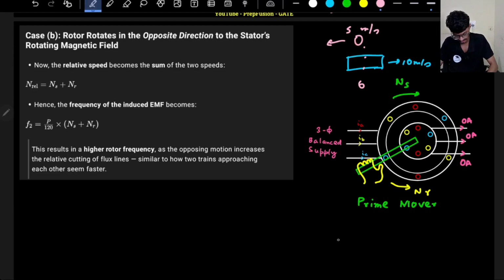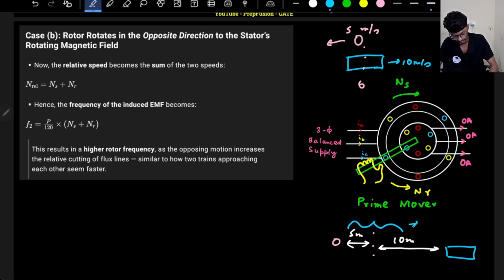So overall, in 1 second, they have moved a total of 15 meters.